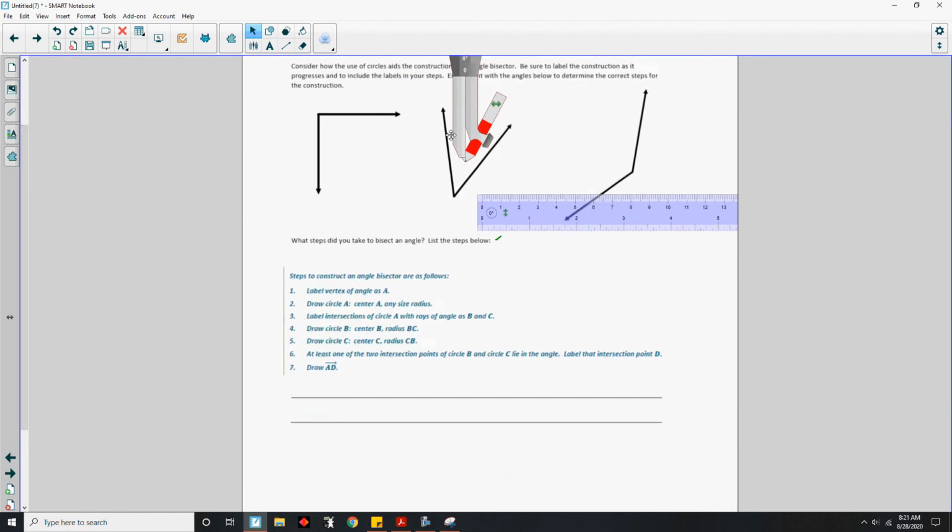All right, so I'm going to take my compass, label vertex of angle A. Label the vertex of the angle as A. So I put a dot right here and call it A. That's the vertex. Draw a circle A centered at A, any size radius.